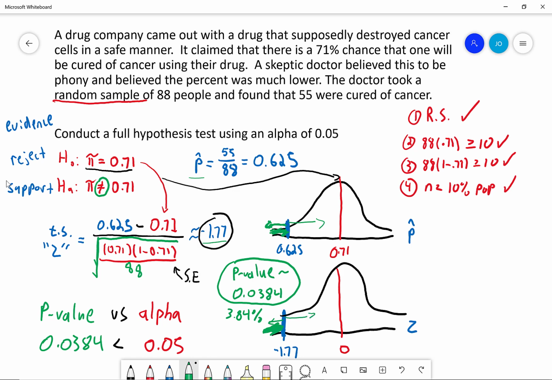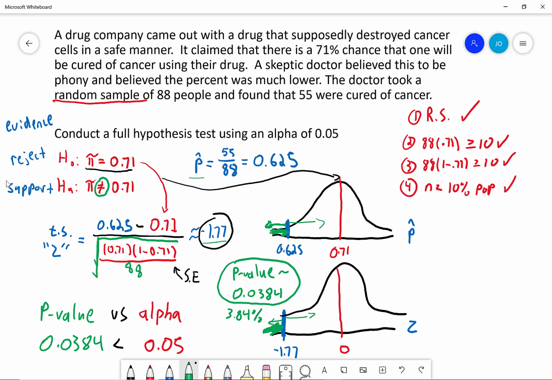Well, if we were to do that, every single time our p-value would come out to be 100%. If we looked for everything less than and everything greater than, our p-value would always be 100%. We shouldn't be looking for less than and greater than from our exact test statistic when our HA is does not equal to. We need to do something else.